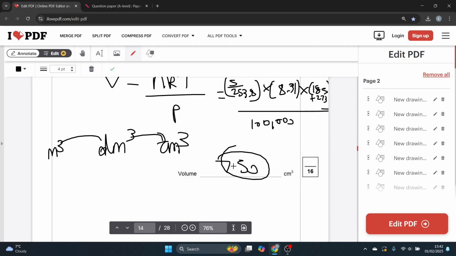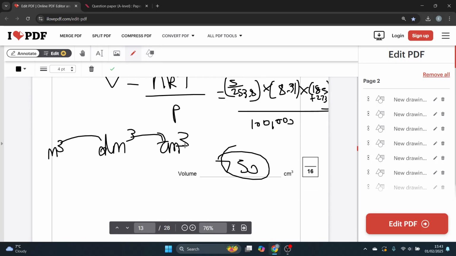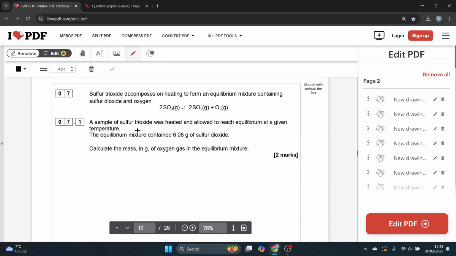Just one thing I need to check though. Yeah, iodine vapor is I2, so the moles of I I just times by 2.